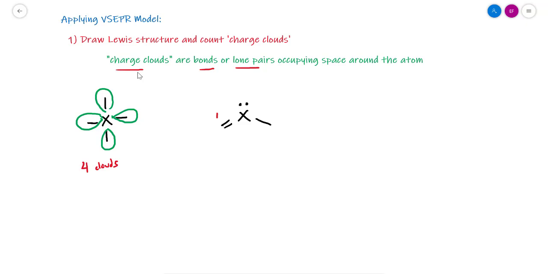The lone pair moves together because that's stuck in 1 orbital, so we count that as a charge cloud. And then the single bond, of course, we count as a charge cloud. So we'd say this generic atom has 3 clouds surrounding it, or in other words, it has 3 balloons surrounding it. And they're going to organize in space based on the repulsion of those balloons or those 3 charge clouds.